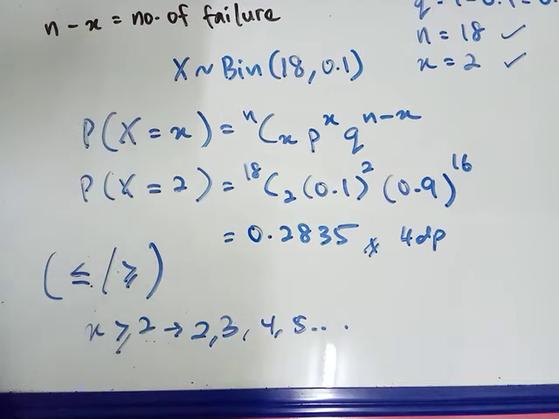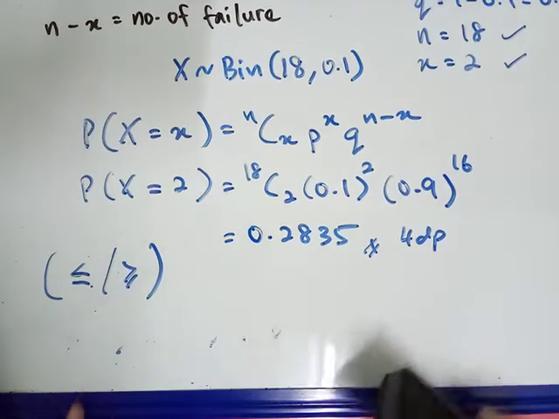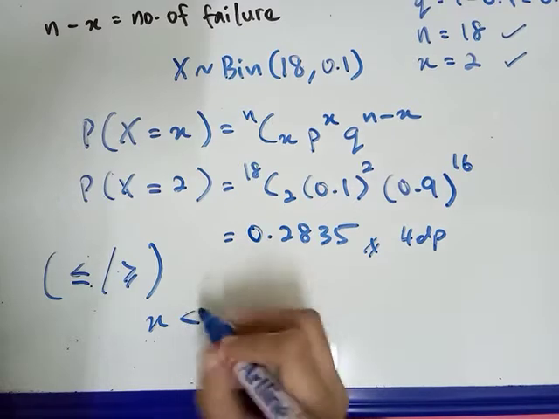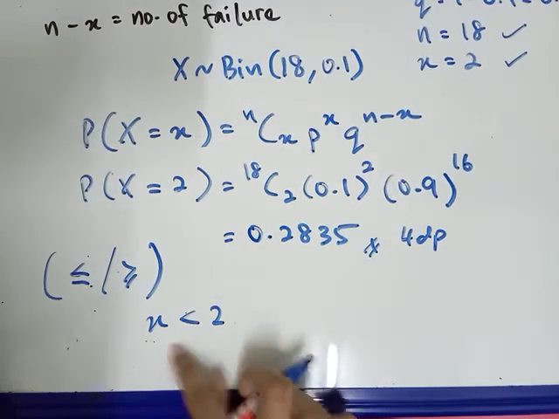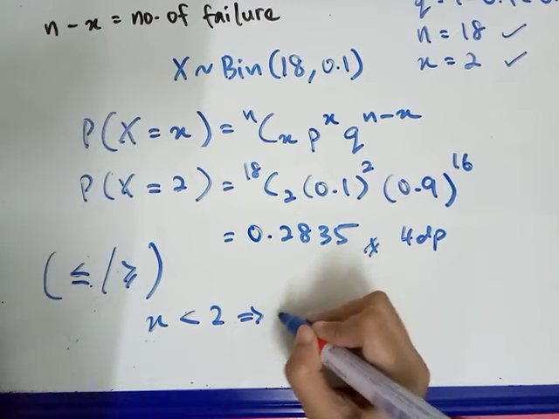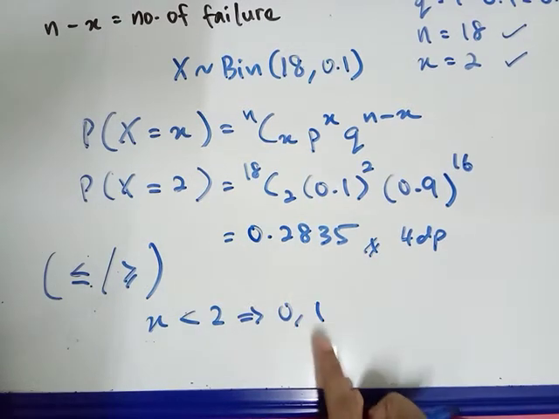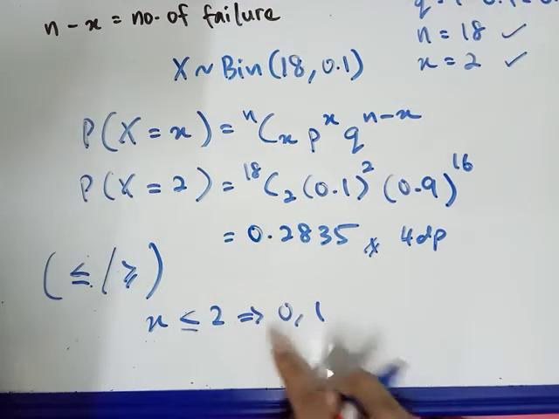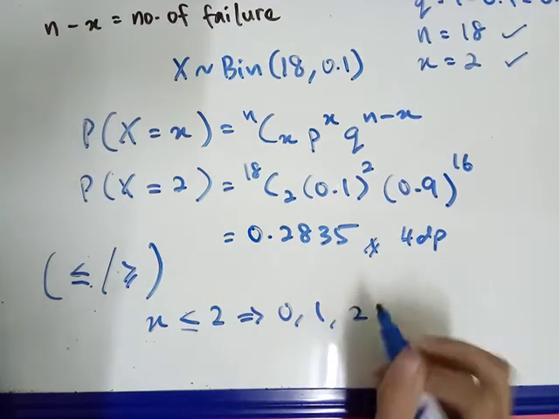Sama juga for X less than 2, that means 0 and 1 only yang termasuk. That means dia punya the number of success dia 0 and 1 saja. If X less than and equal to 2, that means 0, 1, 2.